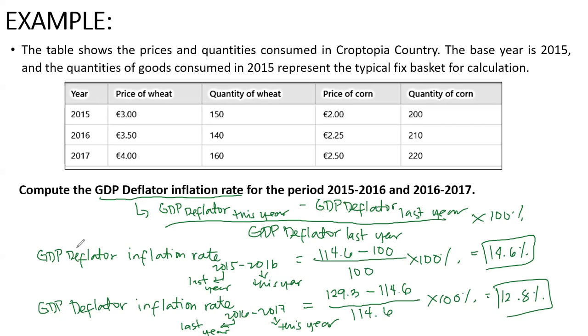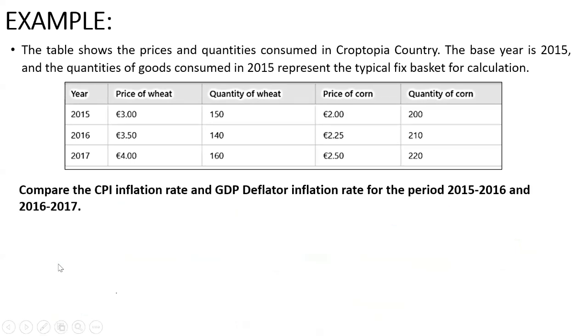So let's now proceed with the comparison using the CPI and the GDP deflator inflation rate. Take note that we have here 2015, 2016, 2017. Our CPI in 2015 is of course 100, in 2016 we have 114.7, and in 2017 we have 129.4.